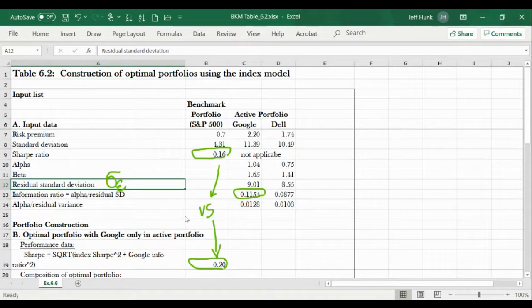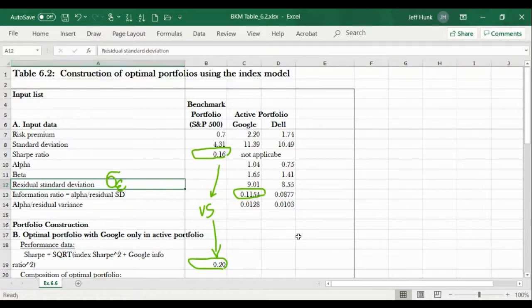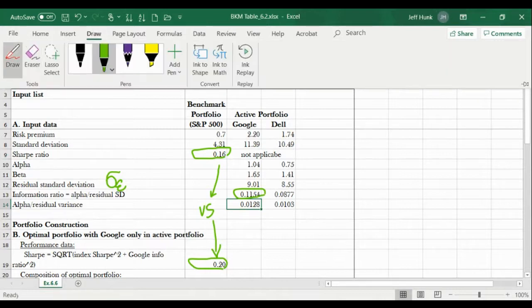Standard deviation of error terms, right? And then the same thing for alpha or residual variance, right? Standard deviation is standard error, squared, right? And then squared, right? So here.